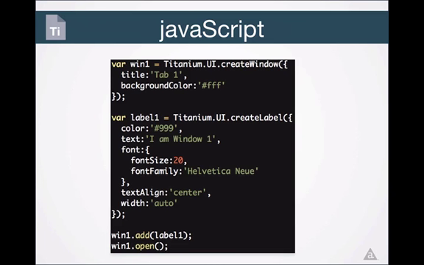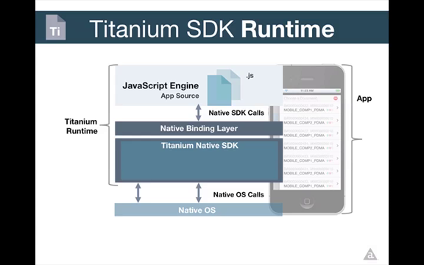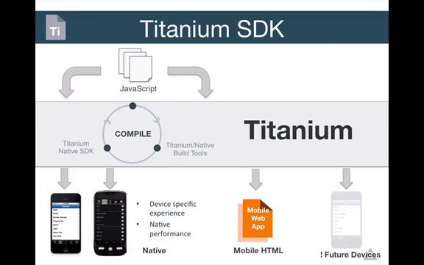In this case, we're going to add the label to the window and then present it to the user. Very simple application, but illustrating the power of Titanium for building cross-platform mobile applications gain full access to that native look and feel. The Titanium SDK runtime binds to the code and components that Titanium JavaScript developers build, and then gives access to the full features of the device.